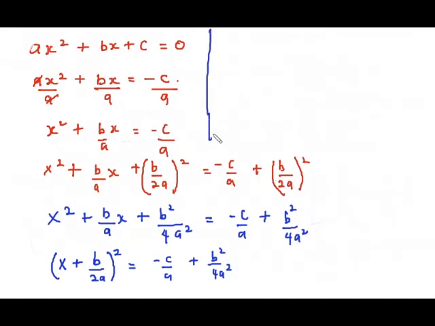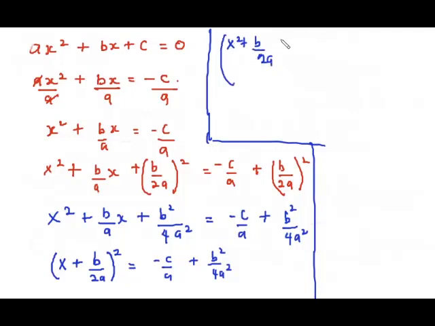Now next up we'll have x plus b over 2a, all squared. Now this is equal to, the LCM of a and 4a squared here is simply 4a squared.